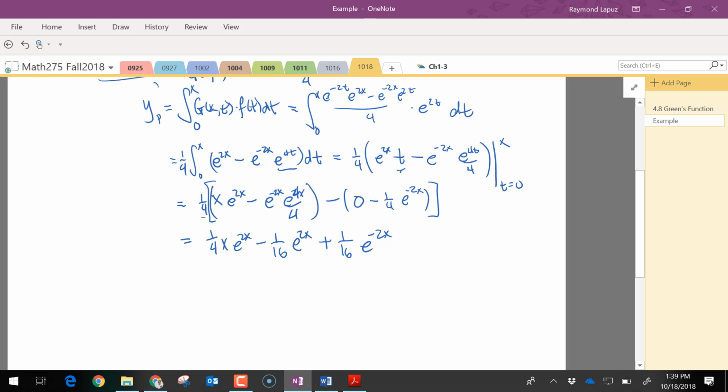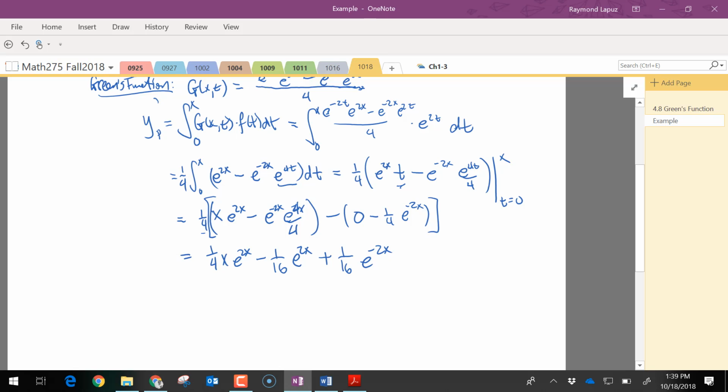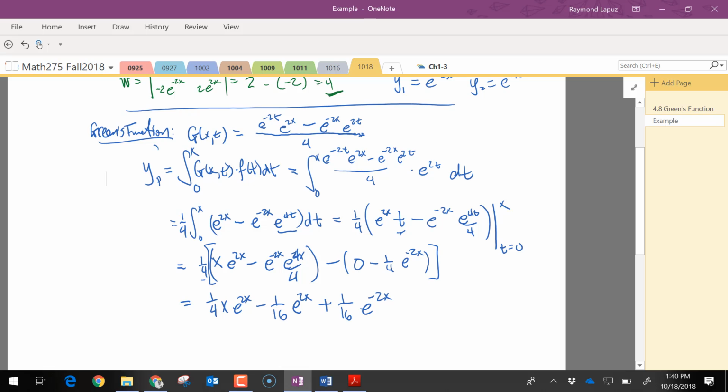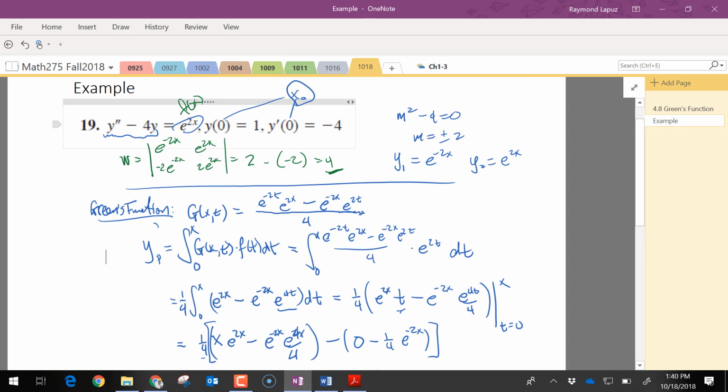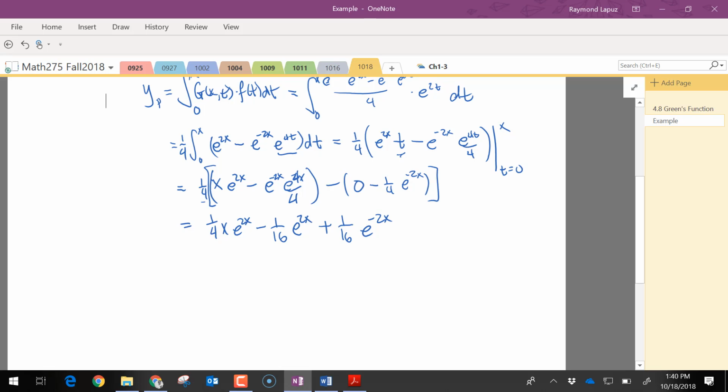Yeah. So if you plug in the 0 in there, it should be 1 according to the initial condition. Is that what it's saying? Yeah. It doesn't equal 1, huh?